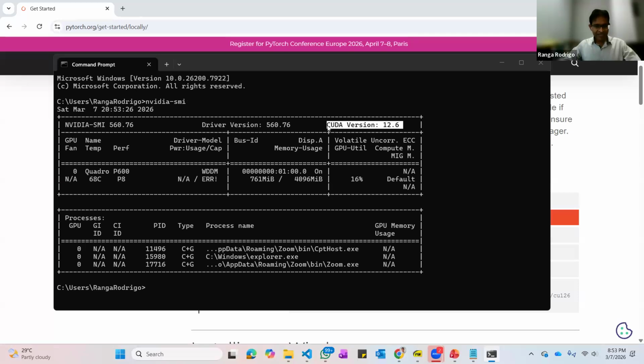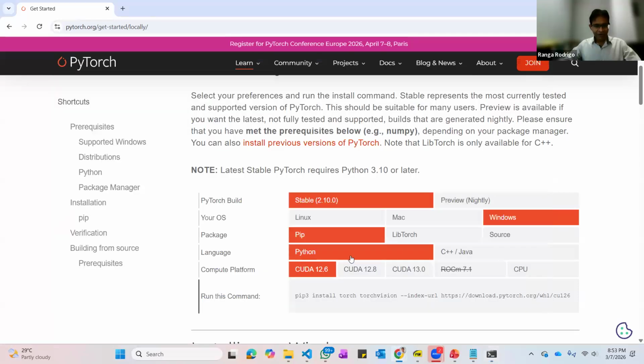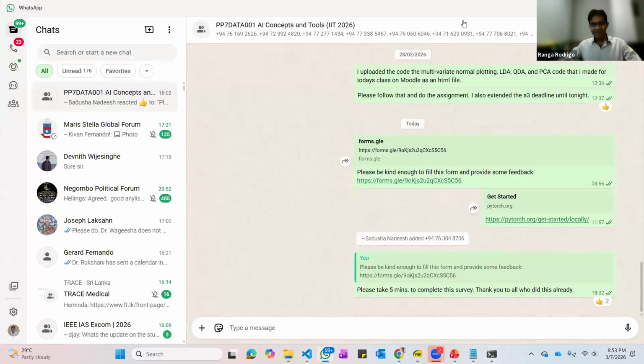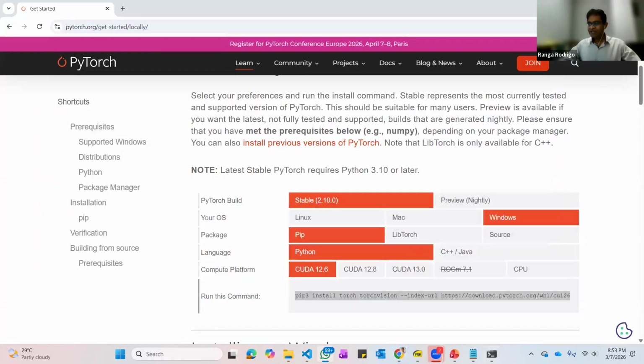I have 12.6 here, so I click 12.6, and it will give me the command to get PyTorch installed. So you have to run this command. I will put this in your WhatsApp group. Please have that installed so that we'll be able to do a little bit of coding with PyTorch next time. It's very important to have that.